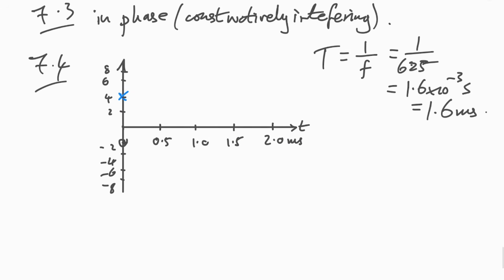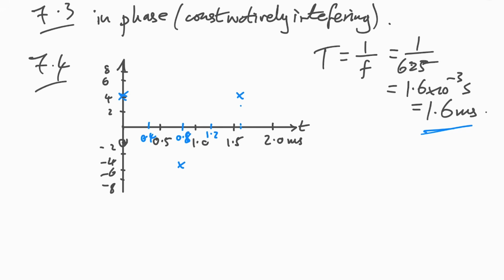So what do we know? By the time it comes back to 1.6 milliseconds, which is there, then we know it must be back at 4 millimeters. And therefore, at 0.8 milliseconds, halfway through its cycle, it should be down here. And so there's 0.4 and there's 1.2.